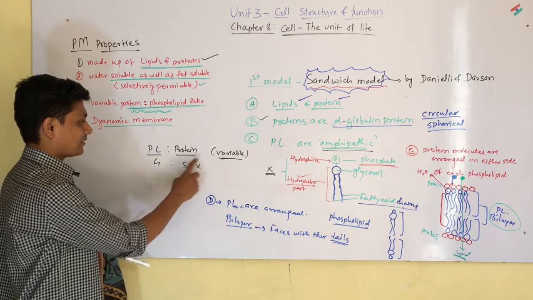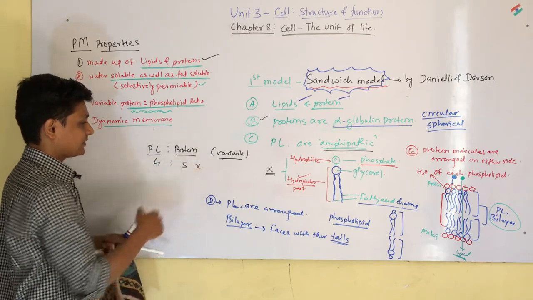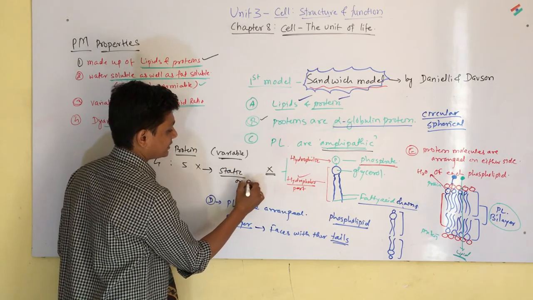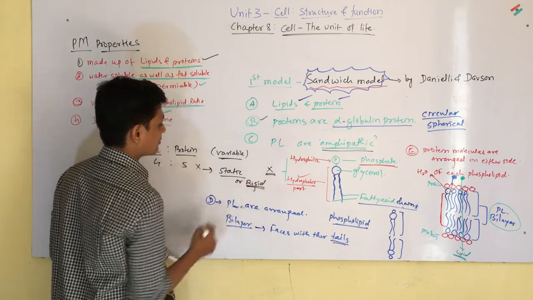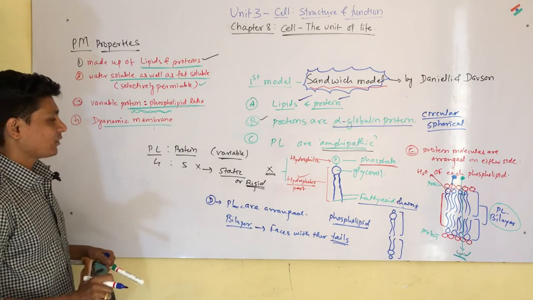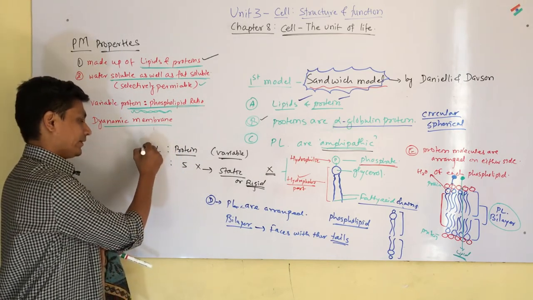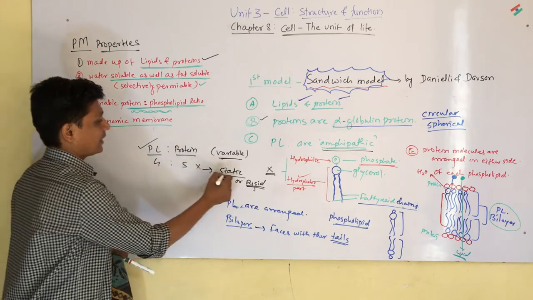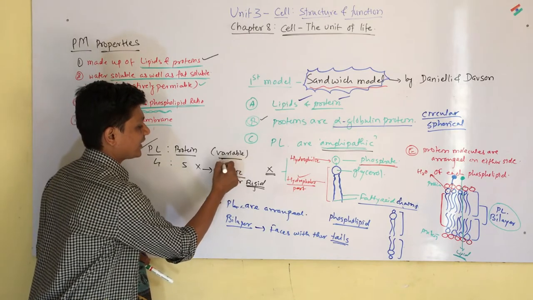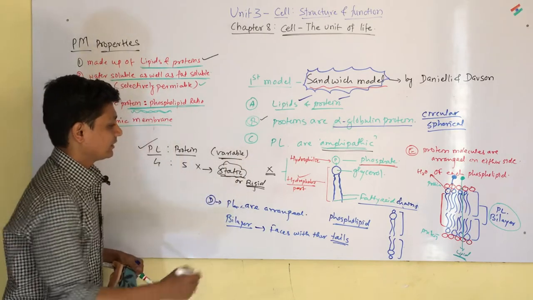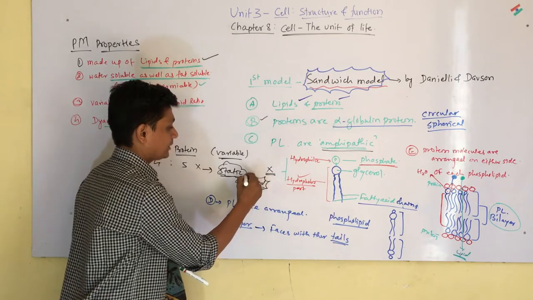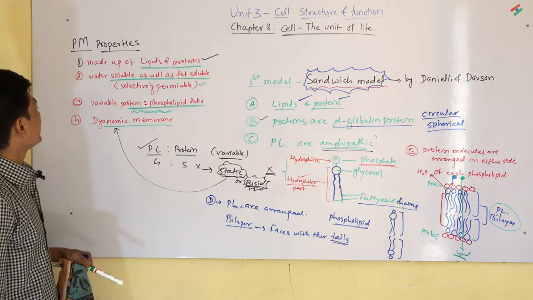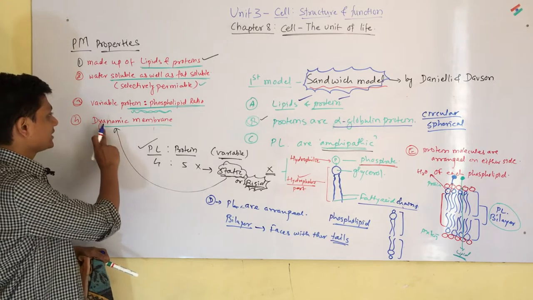As they are not variable, the membrane is static or rigid. According to Danielli and Davson, the plasma membrane is a static, rigid one, and obviously this contradicts the fourth property of the plasma membrane, the dynamic membrane.